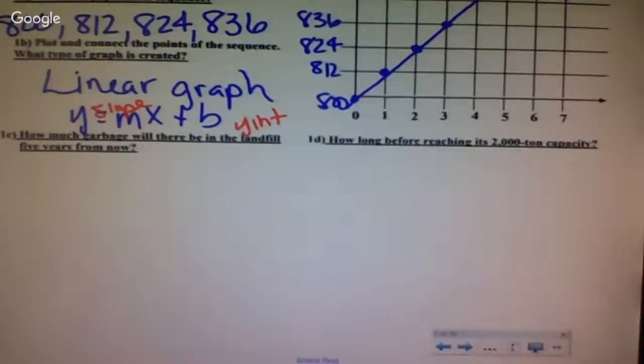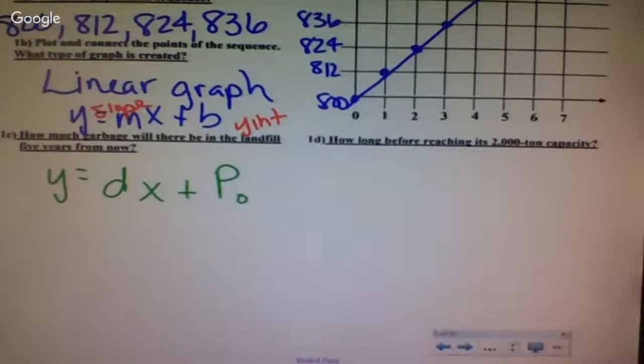So, now we're going to change this equation to y equals, instead of using m, we're now going to use d, x, plus p sub 0. Okay, so b represented your y-intercept, where it crossed the y-axis.